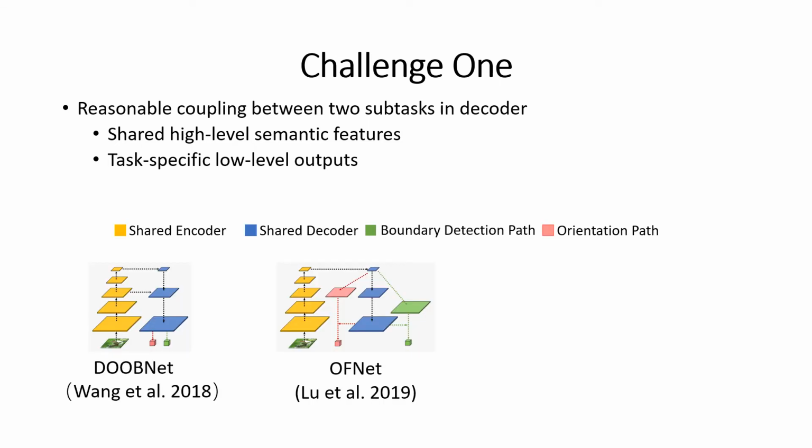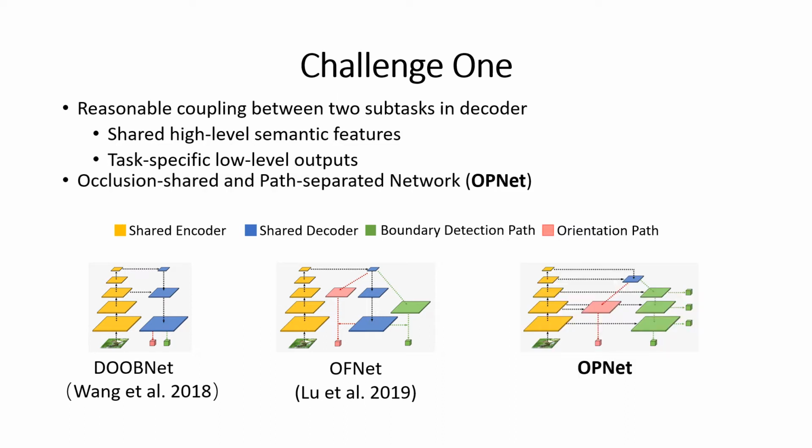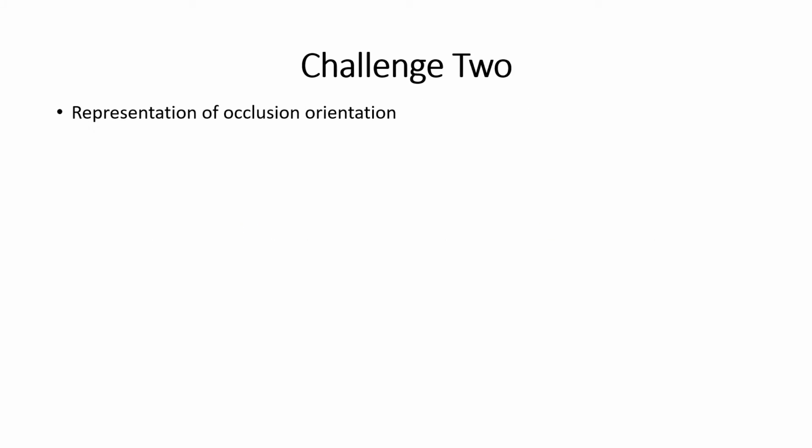However, previous architectures, such as DOBNet and OFNet, overshare features in a larger spatial size between the two branches. We therefore propose an occlusion shared and path-separated network, also known as OPNet, which adopts a multi-scale structure and only shares information in deep stages of the decoder.